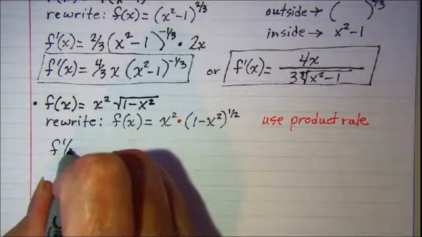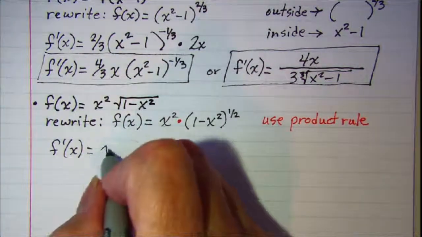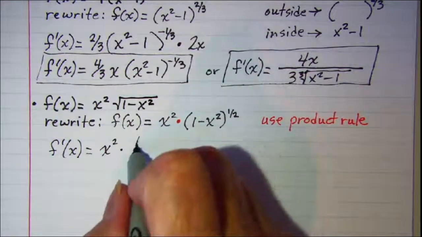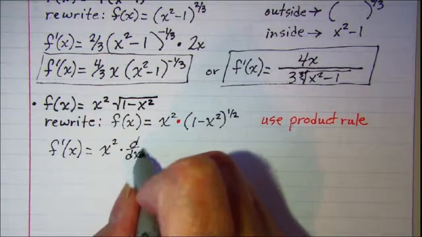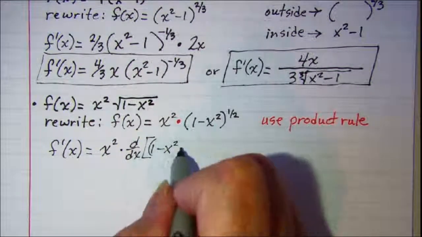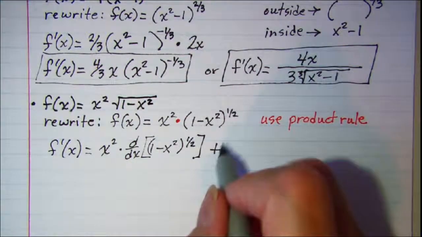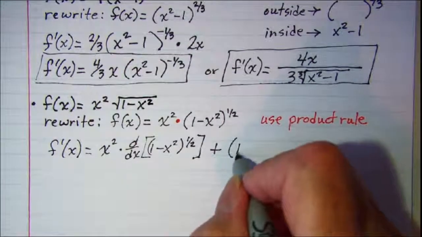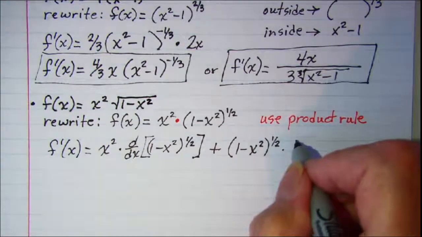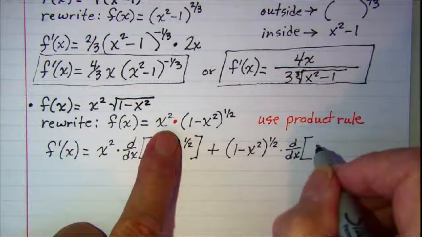So our derivative is the first function times the derivative of the second function, and I'll write out the steps here, plus the second function times the derivative of the first one, which is x squared.